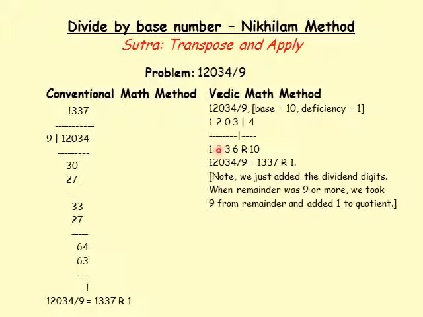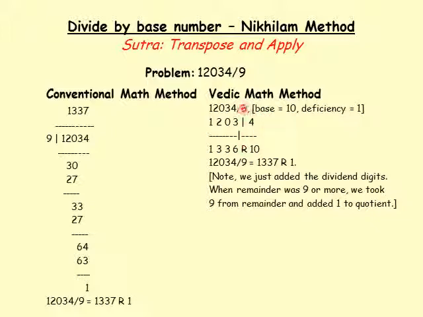Add that quotient digit 3 to the next dividend digit 0. 3 plus 0 is 3. That's our next quotient digit. Add 3 to the next dividend digit, and 6 is our next quotient digit. Add 6 to the next dividend digit, and 6 plus 4 is 10, remainder is 10.